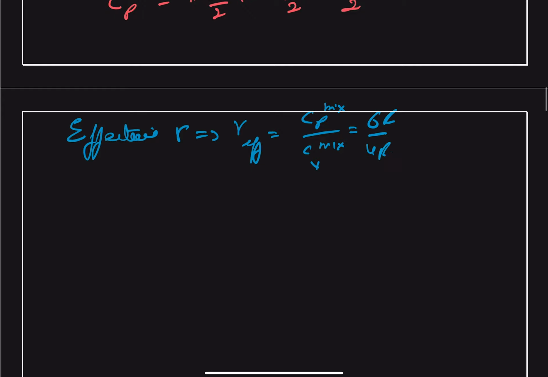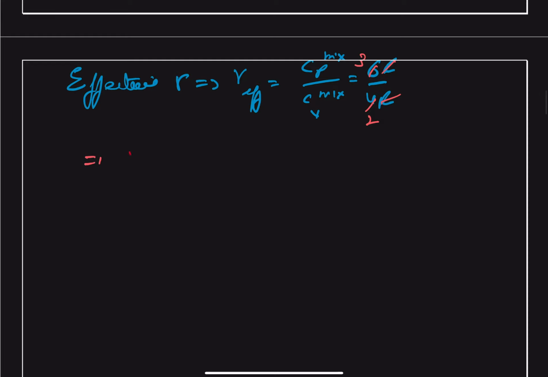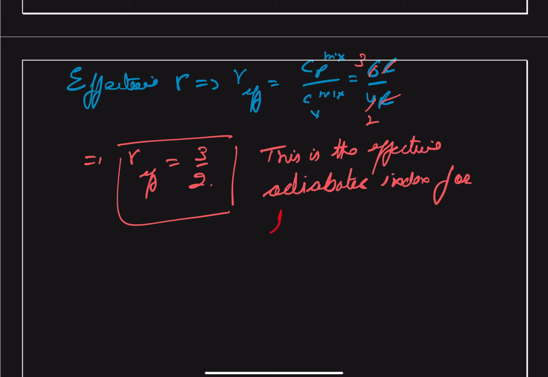Here R and R cancel out, and this comes 2 and this comes 3. Therefore we get that the effective adiabatic index is 3 by 2. This is the effective adiabatic index for the mixture.